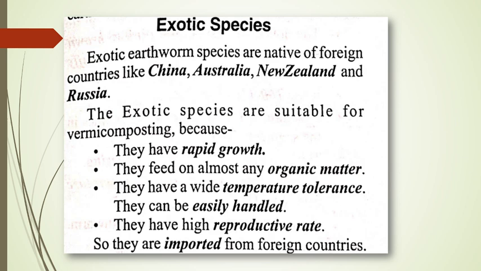They have wide temperature tolerance, meaning they are eurythermal, organisms which can tolerate a wide range of temperature. They can be easily handled. They have a high reproductive rate, so they are imported from foreign countries. Basically, these are all the properties of exotic species. That's why they are imported from foreign countries like China, Russia, and New Zealand to India.